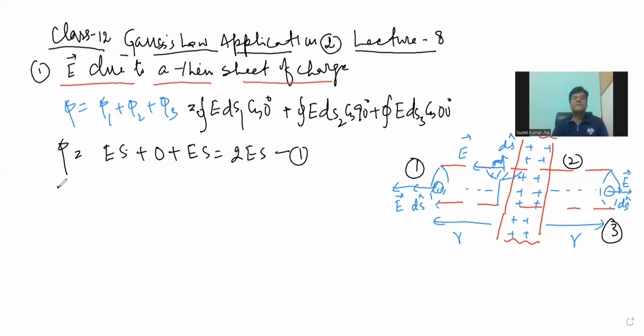और गॉस लॉ से हम क्या जानते हैं, also phi is equal to q upon epsilon naught, and if we take surface charge density, then sigma is equal to q upon surface area.